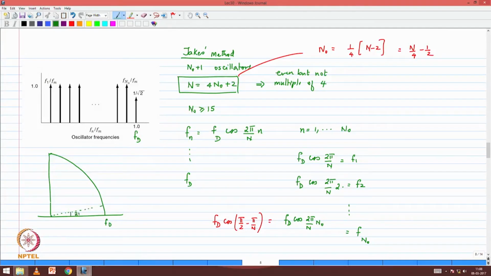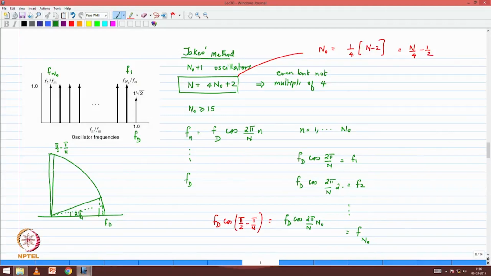The angles are at 2 pi over N, 4 pi over N, that's your second one, and then the final one happens to be at pi by 2 minus pi over N, almost at pi by 2. Basically, you take their projections, and that will be the oscillator frequency. So the highest frequency is fd, then this is f1, then the last one is f of N naught in our notation. So the one with the smallest frequency will be f of N naught.